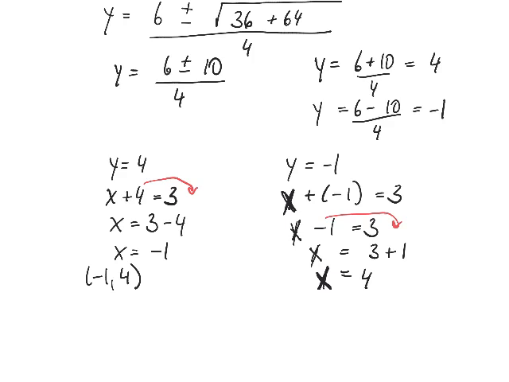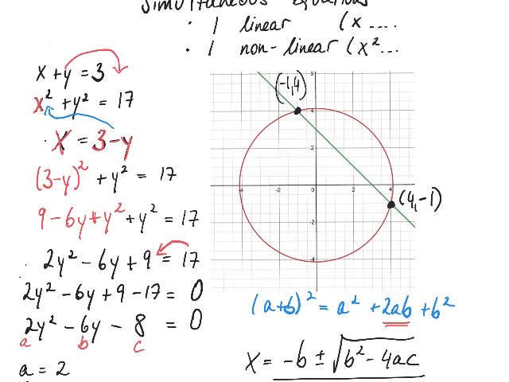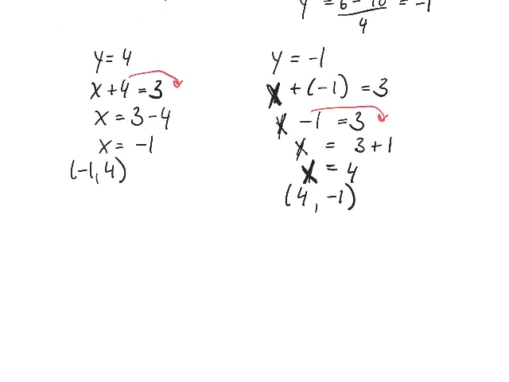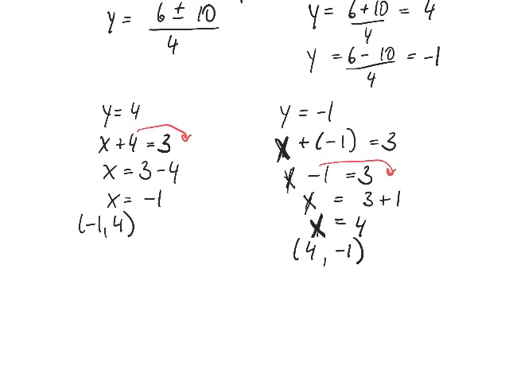So now I have the other point, which is 4, minus 1. And that is what we found graphically as well: 4, minus 1 and minus 1, 4.